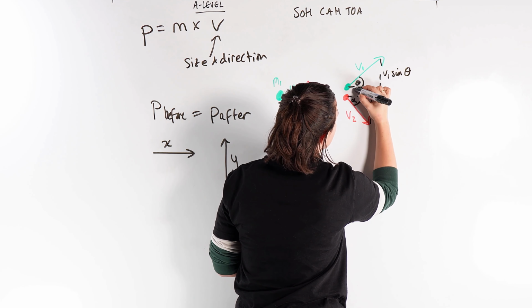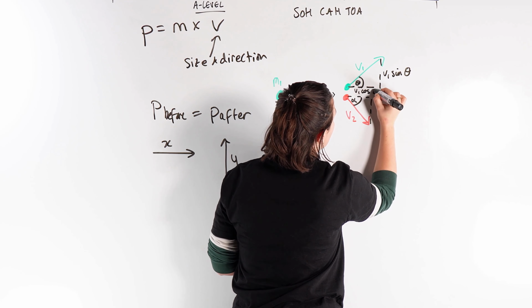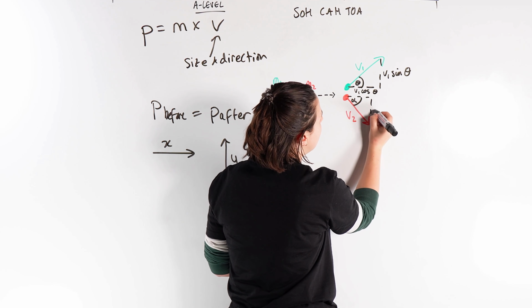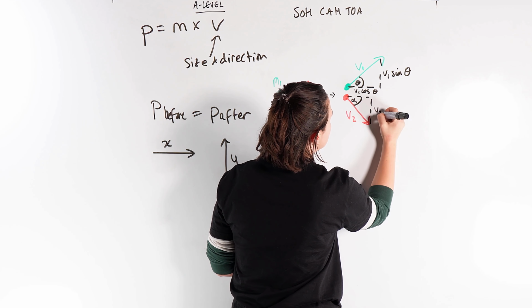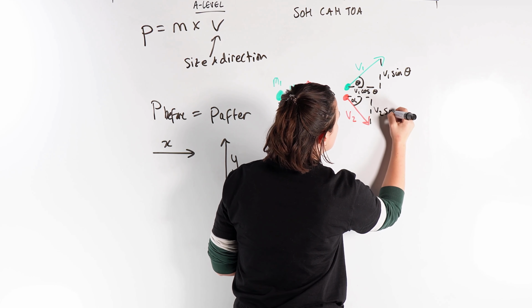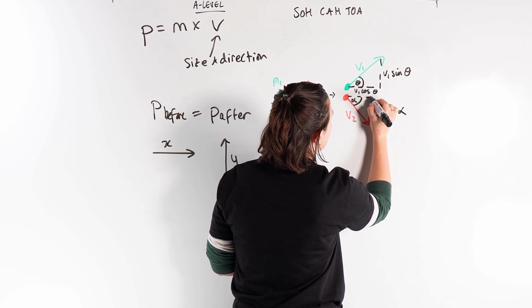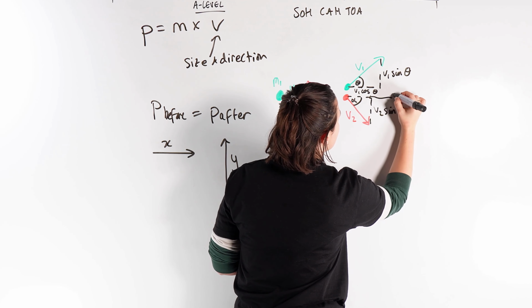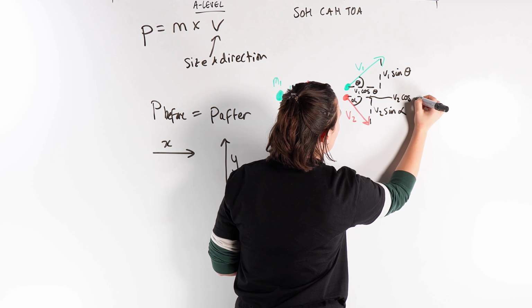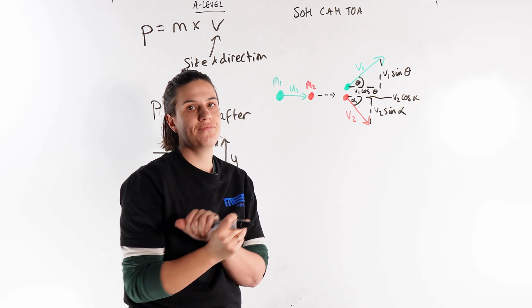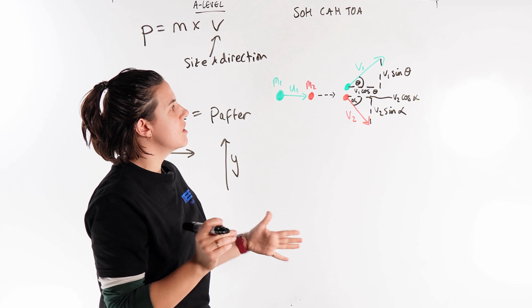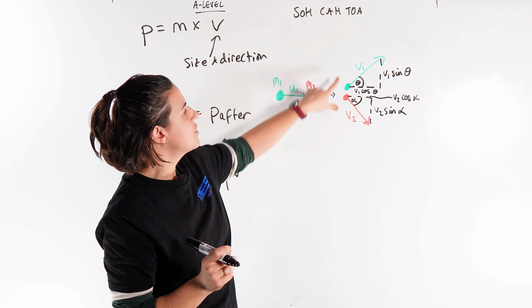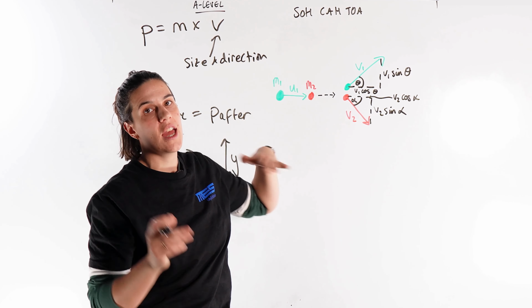Then here would be V1 cos theta. This side here would be V2, it's the opposite again, so it would be sine alpha. That side there would be V2 cos alpha. Okay, so I've just broken down my velocity vectors into the horizontal and into the vertical components.